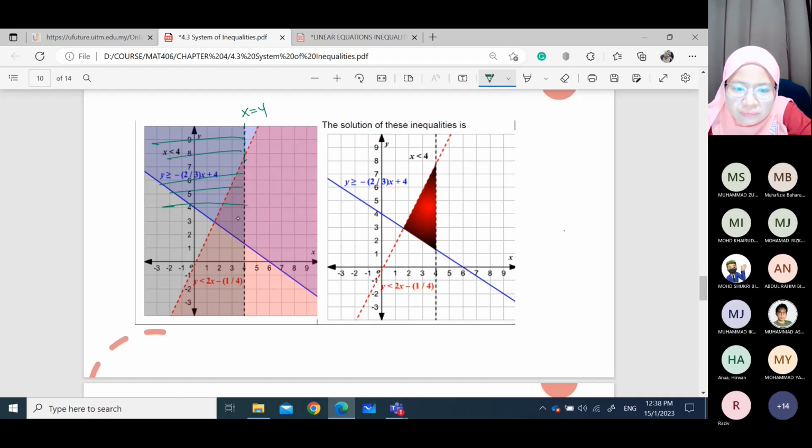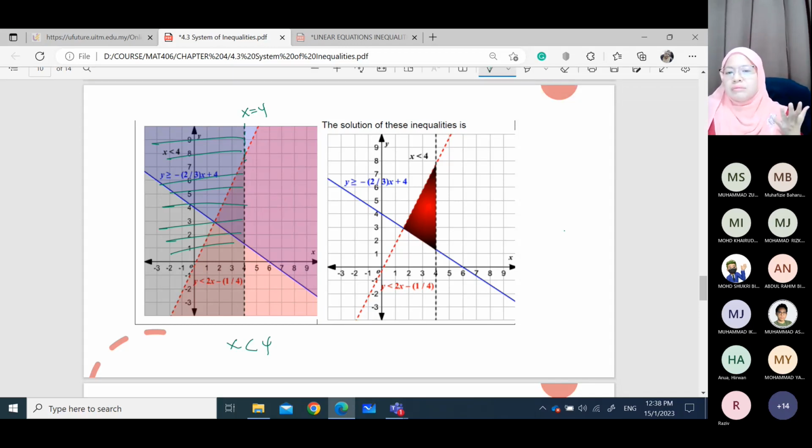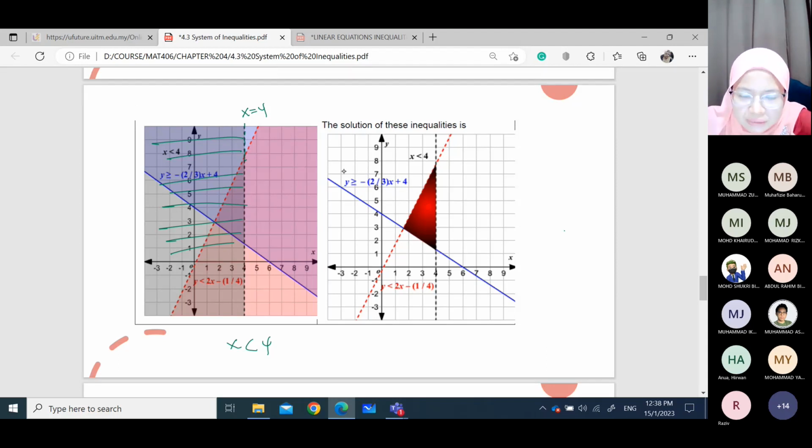So maksudnya when x is less than 4, so the values of x are 3, 2, 1, 0 and it goes to infinity. Itu maksud less than 4. So yang sebelah kanan sentiasa lebih besar nilai x. Okay, so ini region dia.